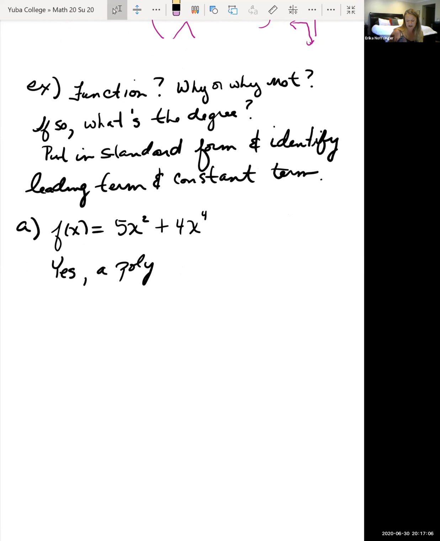It's not written in standard form. We could rewrite this in standard form, right? Rewriting it in standard form, we would write the term with the largest power first, descending in powers. Well, there's only two terms. So 4x to the fourth plus 5x squared. So we now have it in standard form.